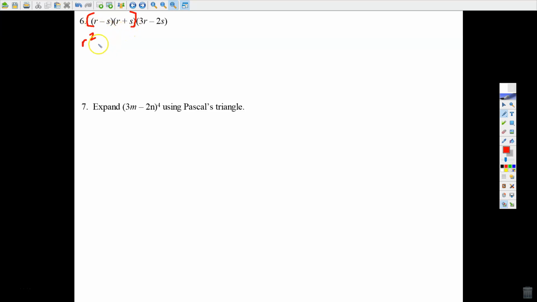Outside, r times s, positive. Inside would be negative rs. And then the last would be negative s times s, that's negative s squared. Of course, these would just make 0. And so multiplying these two together using FOIL, I got r squared minus s squared.